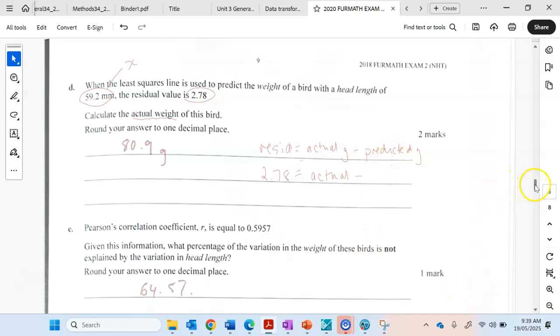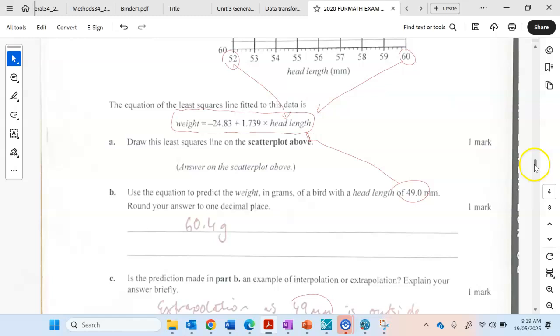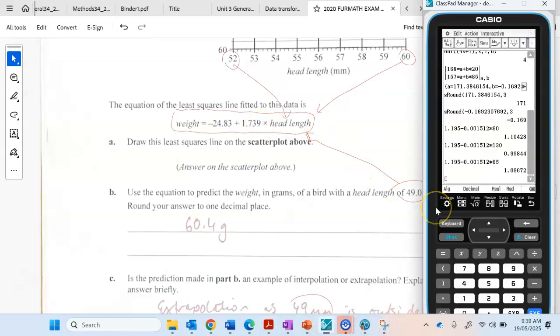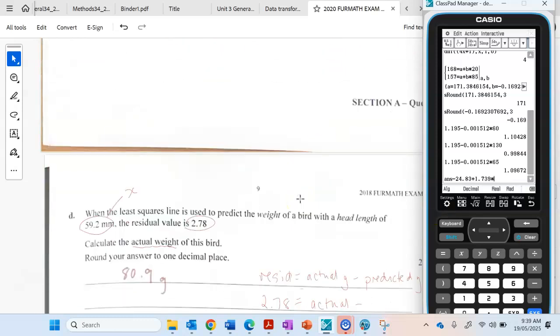So let's go back up. 59.2. Just quickly do that: negative 24.83 plus 1.739 times 59.2.